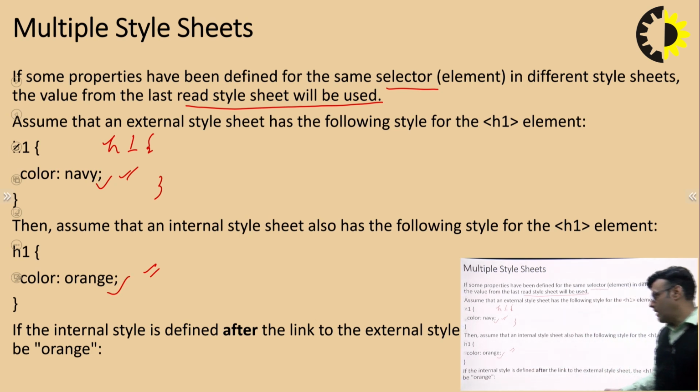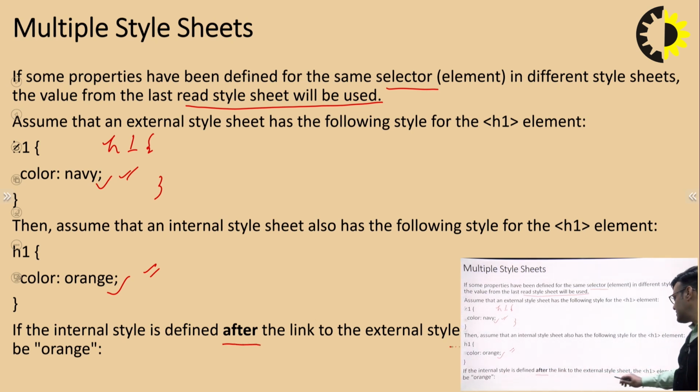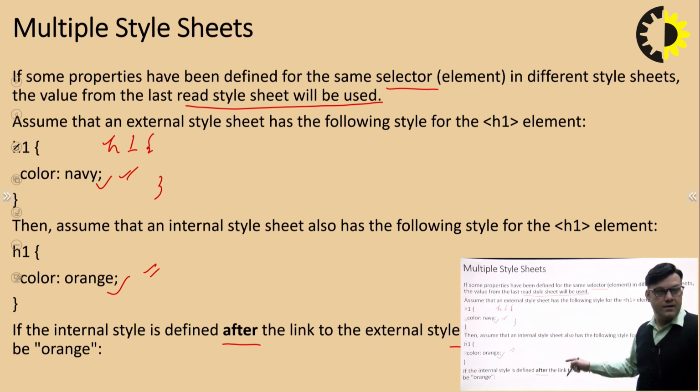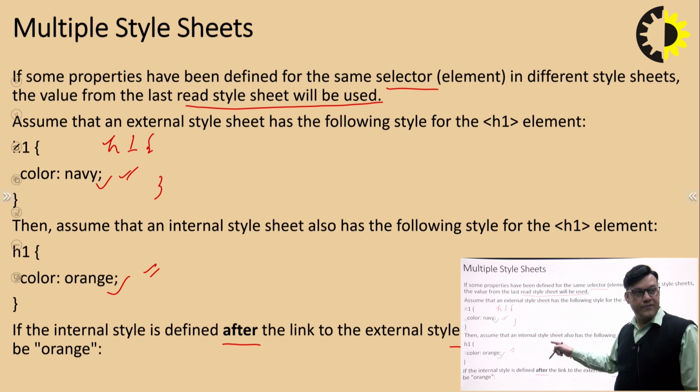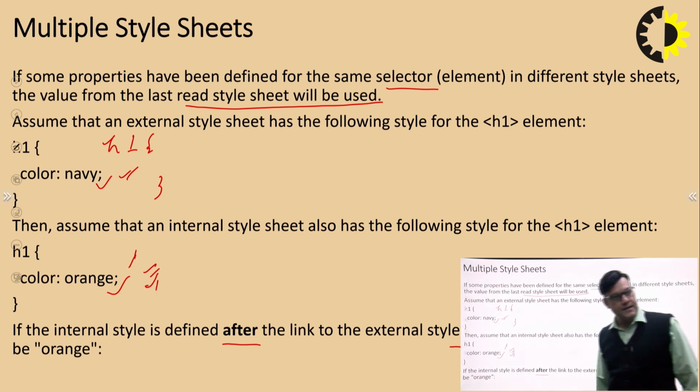Now if the internal style is defined after the link to the external style sheet, that is, if we have defined the internal style sheet after including the link on a web page, after the external style, then the color of that heading should be orange.